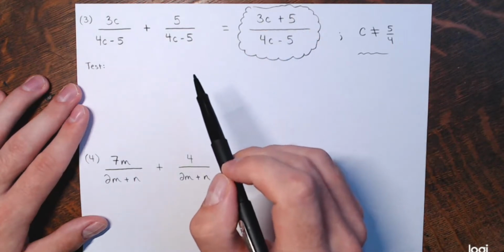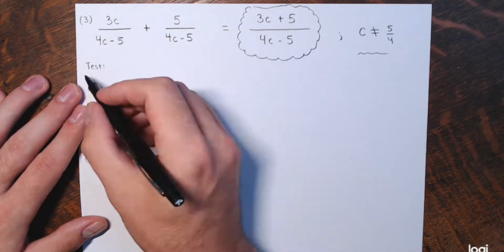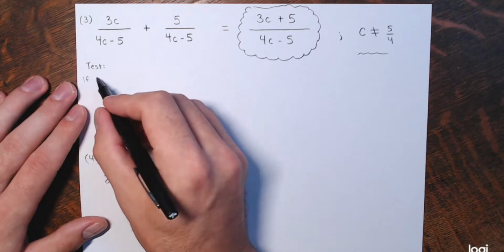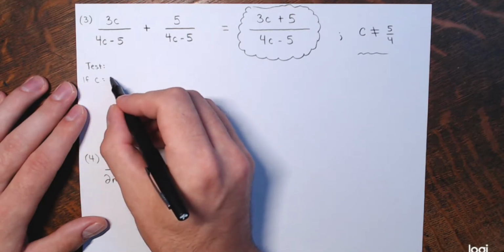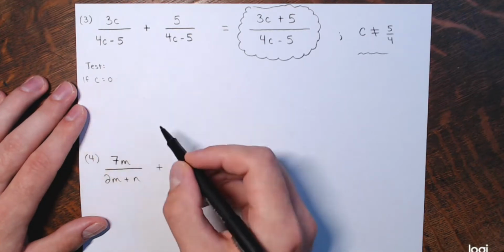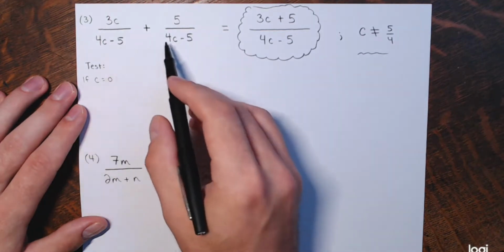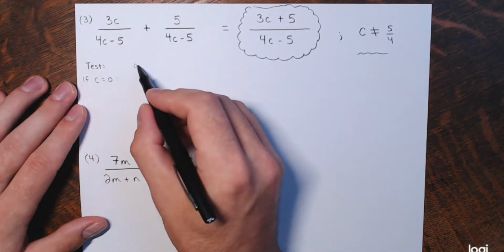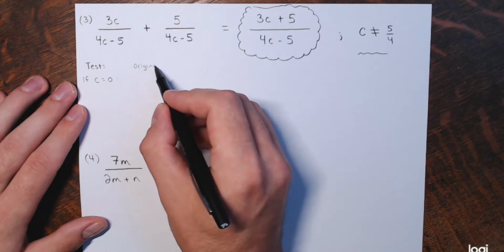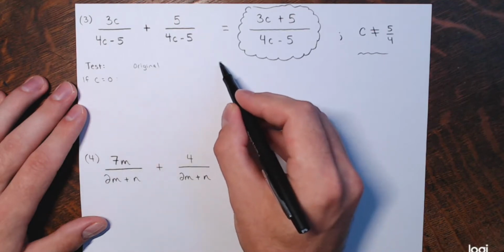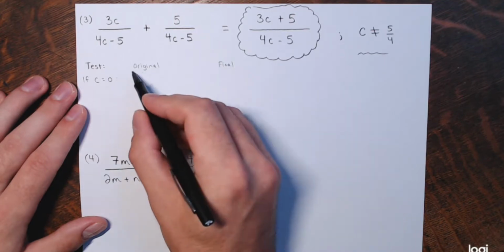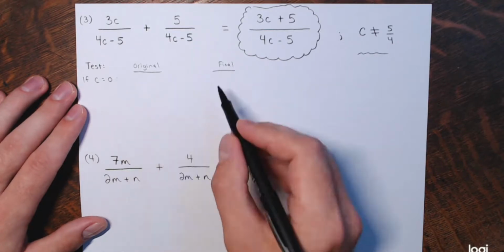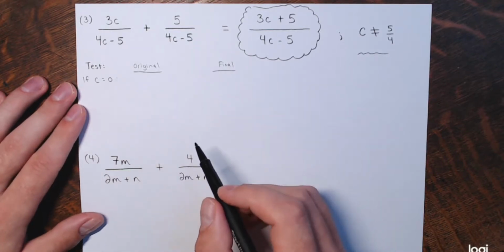If you did everything right, they should be the same value. How about if c were 0? Well, here's the value of the original expression, and here's the value of the final expression. And hopefully they're the same, and they better be.